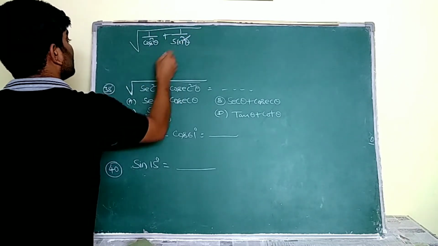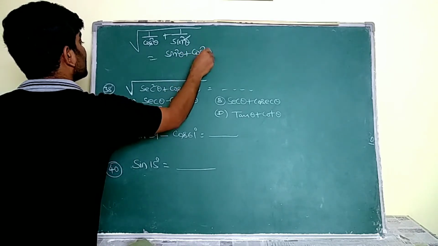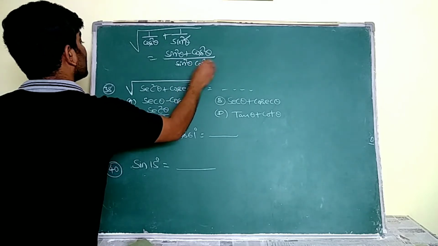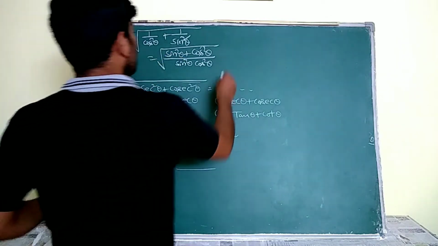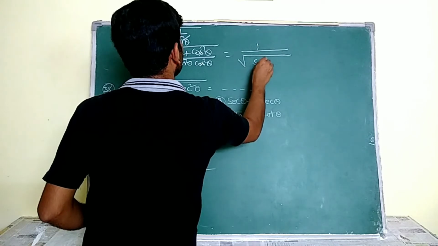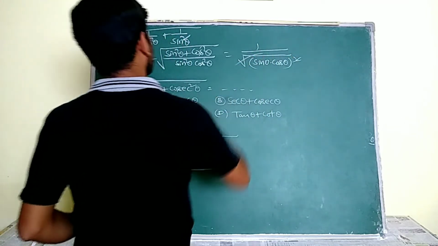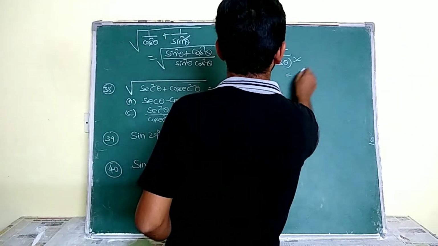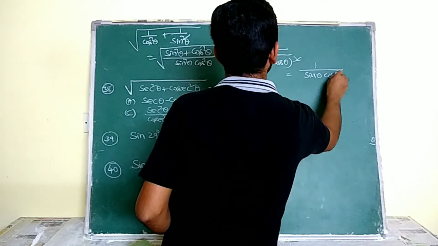Take the LCM here, that is sin square theta plus cos square theta by sin square theta into cos square theta, under root ma. We know that sin square theta plus cos square theta is equal to 1. That means the numerator is 1 by root over sin theta into cos theta whole square. Square and root are going to be cancelled. Then the value left here is equal to 1 by sin theta into cos theta.